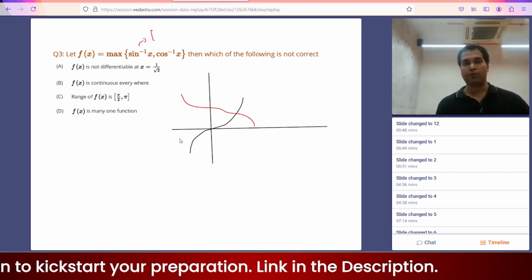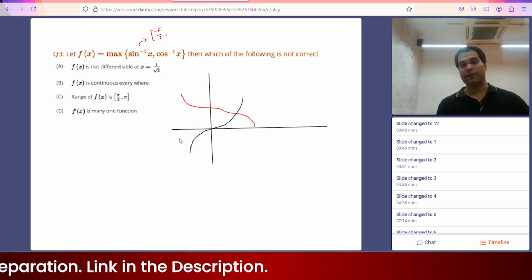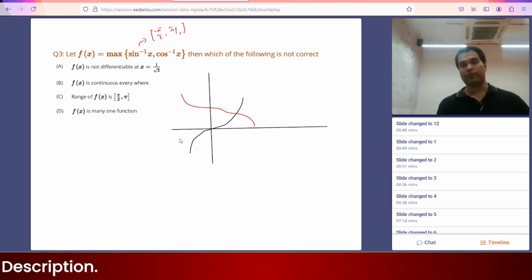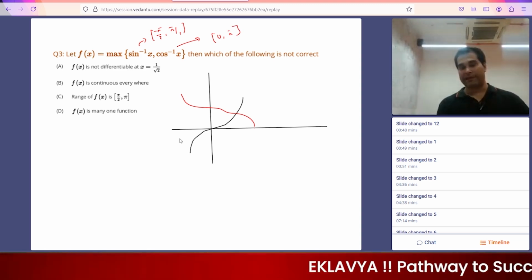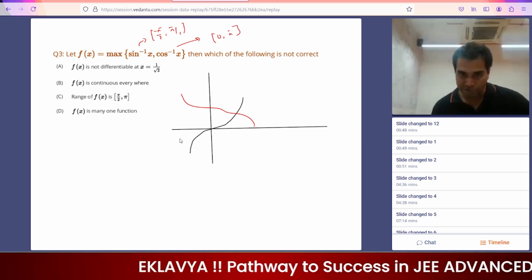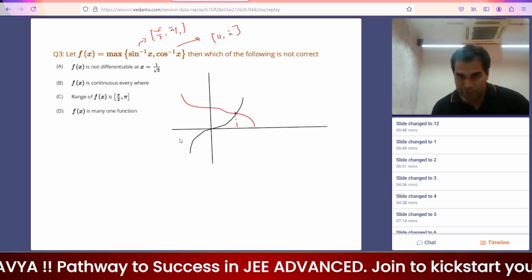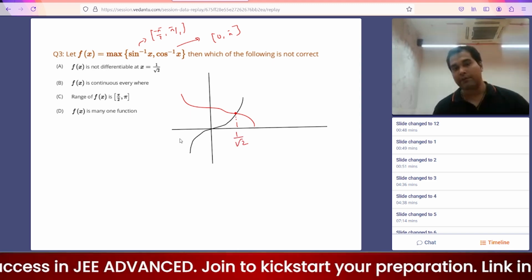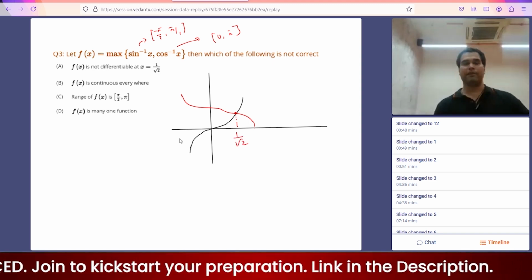As you know, the range of sine inverse x is minus pi by 2 to pi by 2, and the range of cos inverse x is 0 to pi. Now, the common point of sine inverse x and cos inverse x is 1 by root 2.